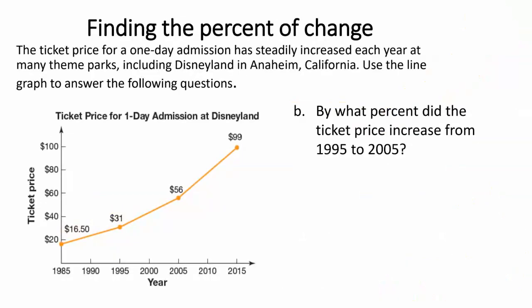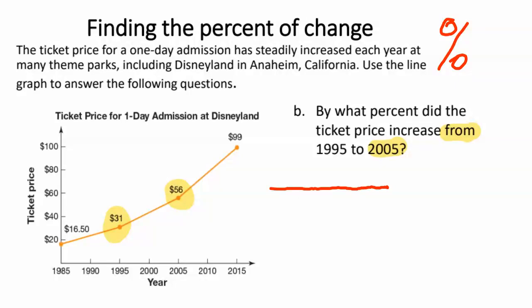Okay. Now, this is saying the ticket price for a one-day admission, except this time they're changing the numbers. We're going from 1995, which is right here, to 2005, which is right here. Okay, this is set up specifically because there is no percent.